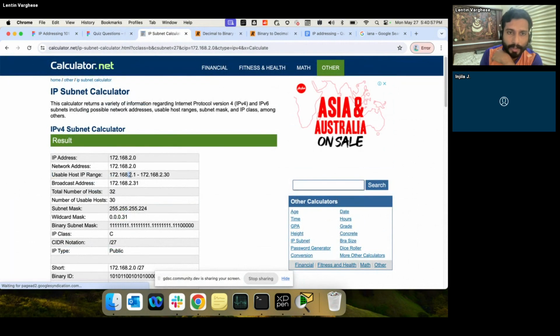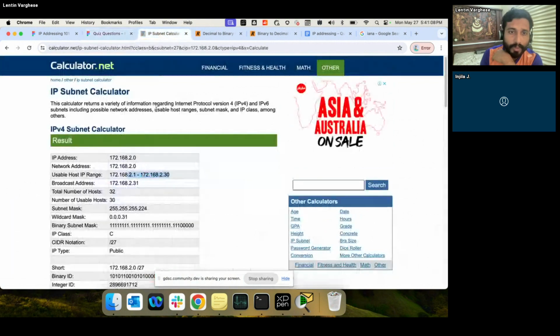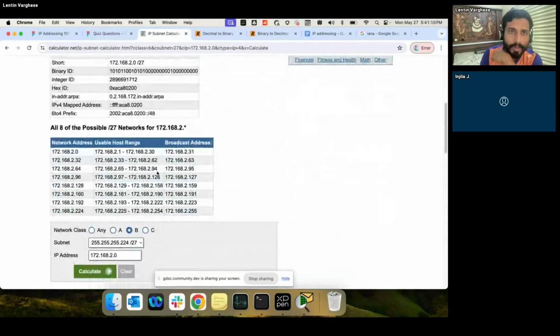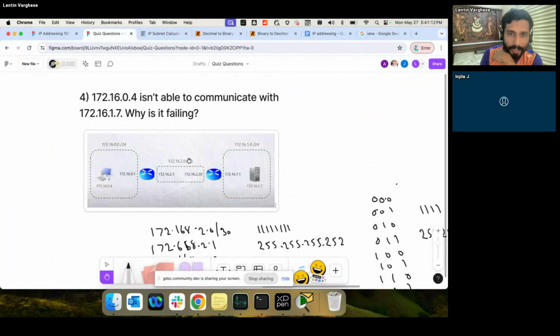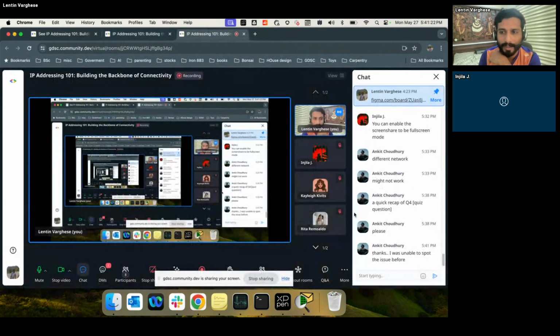That made it 2.1 to 2.30. We have these two as part of the block now. So essentially, if I change the CIDR value to 27 in here, the communication will work fine. That was the fix we applied. Does that answer?